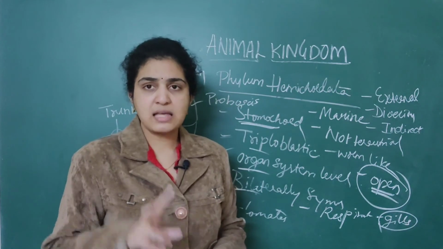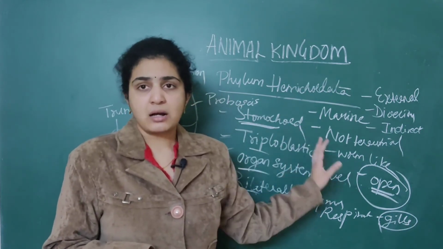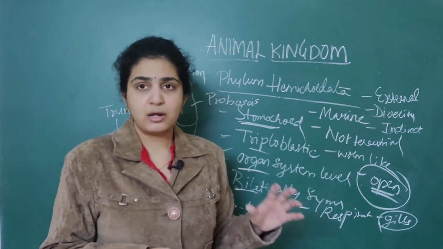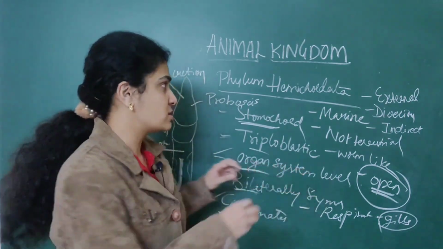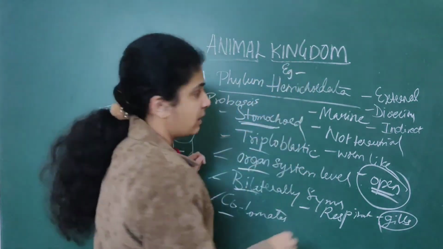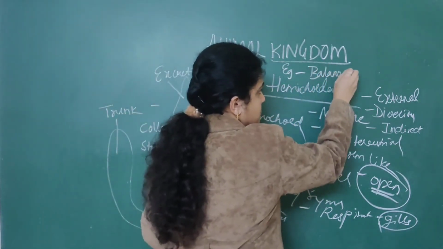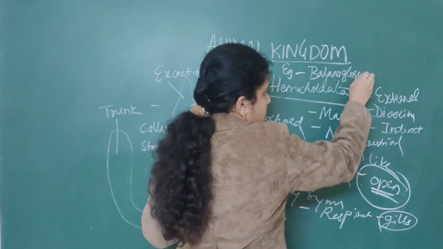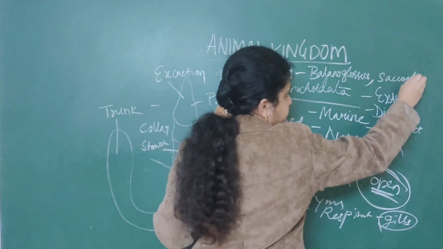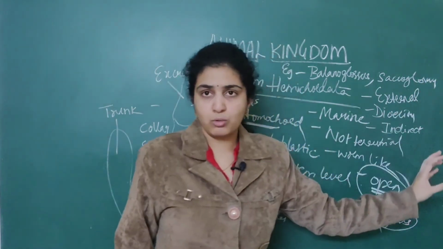Now when we come to examples, very simple examples, only two are specified in your NEET textbook. That is Balanoglossus as well as Saccoglossus.